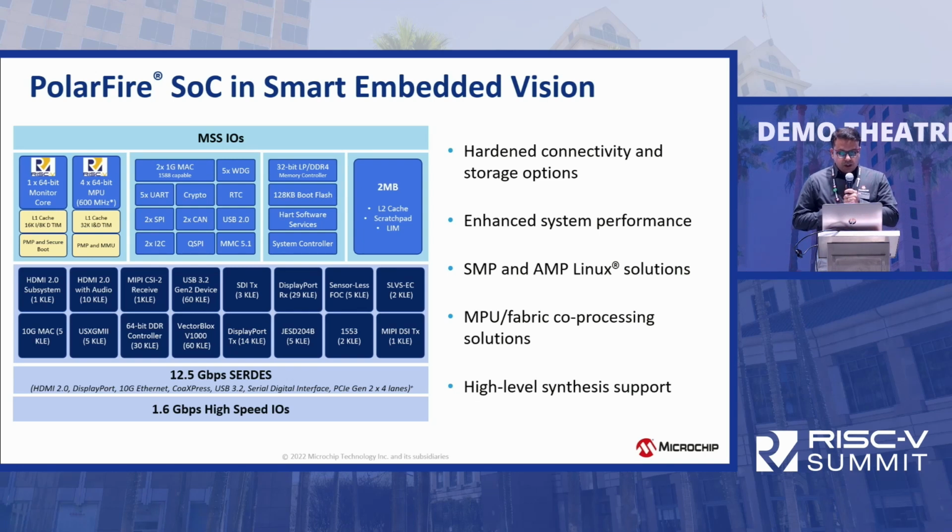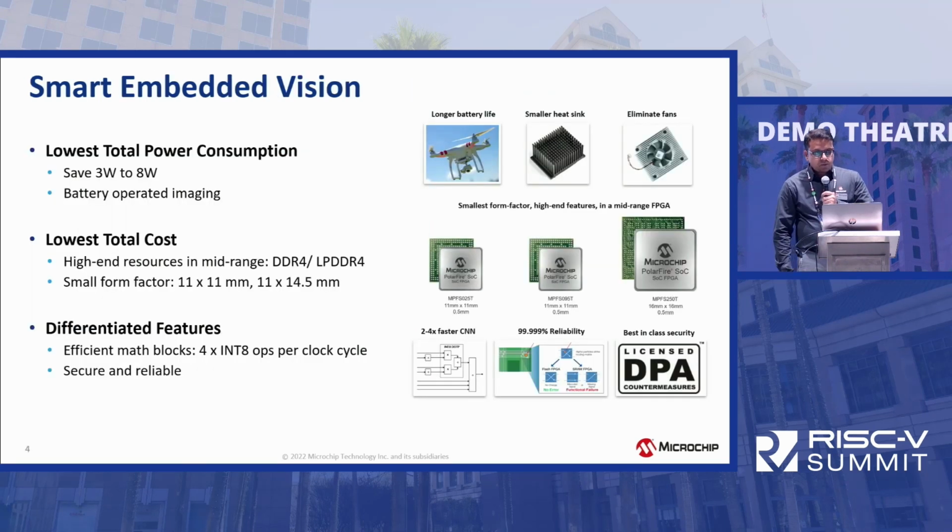As an SoC FPGA provider, what differentiates us? Our core strengths, or the way I'd like to call it, the three important things that form our DNA, are low power, security, and reliability. For instance, in an embedded vision application, you'd find that our FPGAs consume 3 to 8 watts less power than what's available from our competitors.